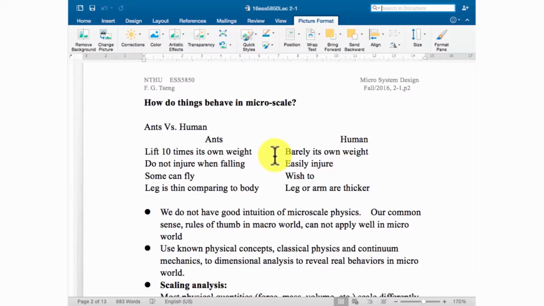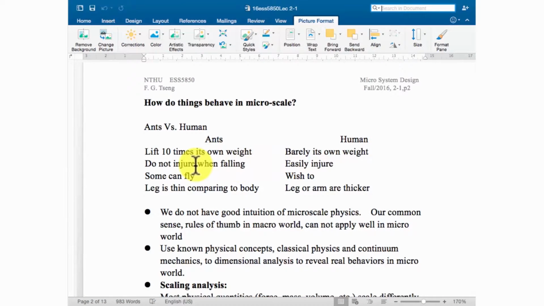So you can barely lift another person. Only some experts can lift 2 people at the same time. But most people can lift only another 1 person at one time. So you can see the difference between ants and humans in lifting. Ants can lift 10 times their own weight, but humans can barely lift their own weight.